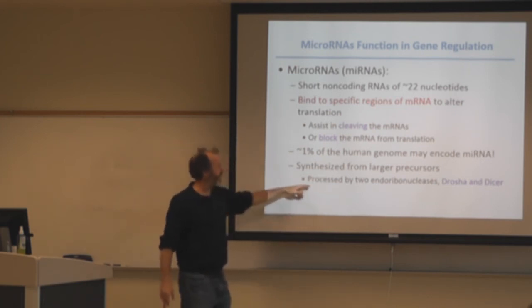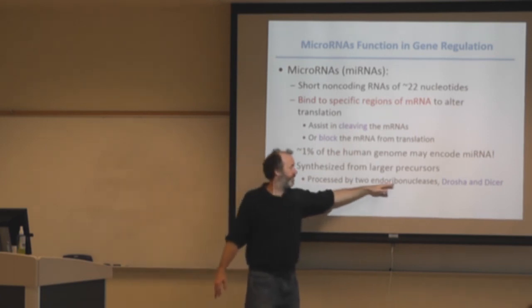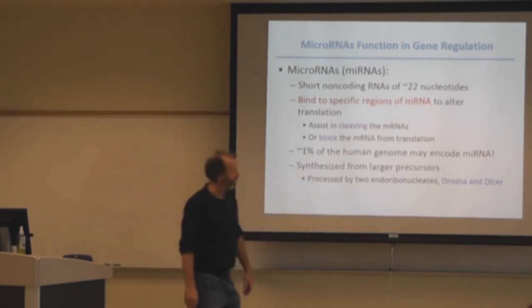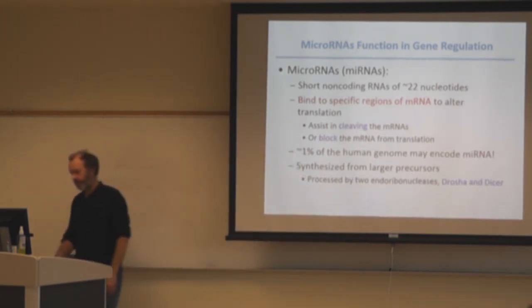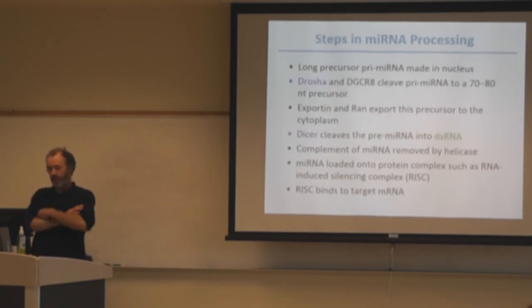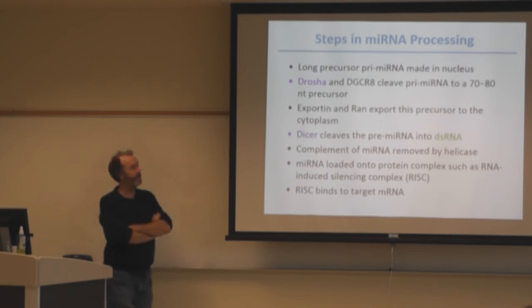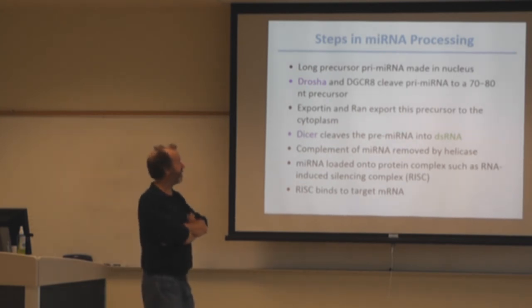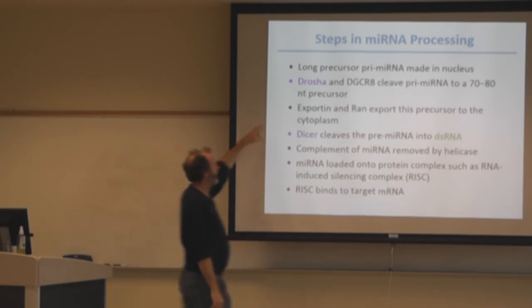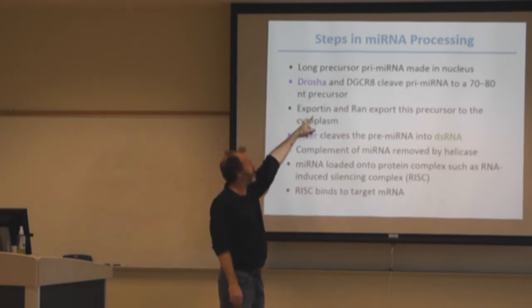They're synthesized from larger precursors processed by two endoribonucleases, Drosha and Dicer. Long primary miRNAs are made in the nucleus. Drosha and DGCR8 cleave the pri-miRNA to a 70 to 80 nucleotide precursor.